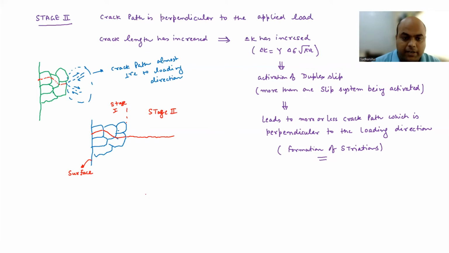Now, if you see the front view, your crack is like this. You're going to have slip systems being activated. Now your crack is this one. Okay, so these are your slip systems or slip bands.